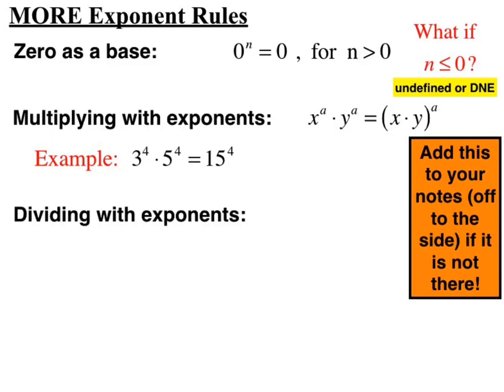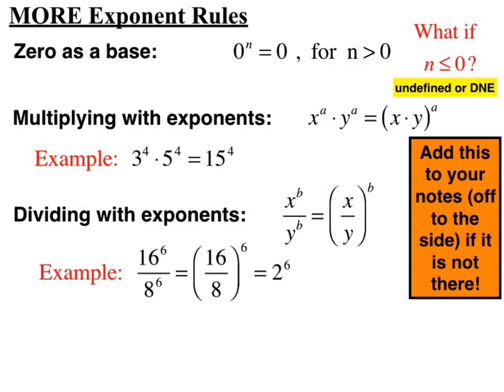There's a rule for dividing with exponents where the base is different but the exponent is the same, like x to the b over y to the b. Notice that the bases are different but the exponent is the same. So you would divide x divided by y, all to the b power. Sometimes when you see it numerically it makes a little more sense.